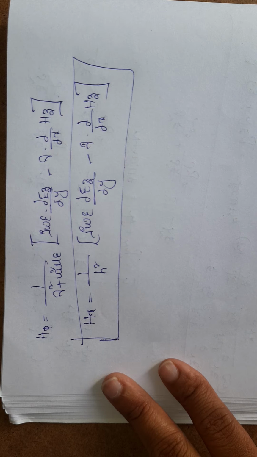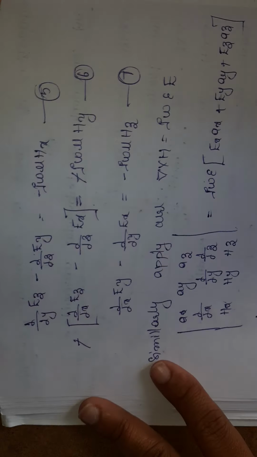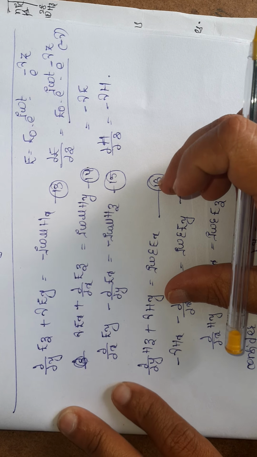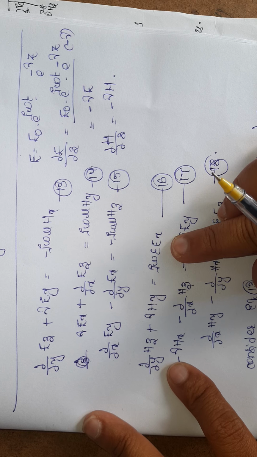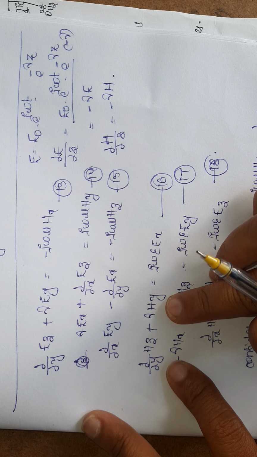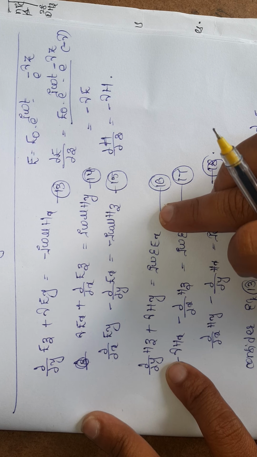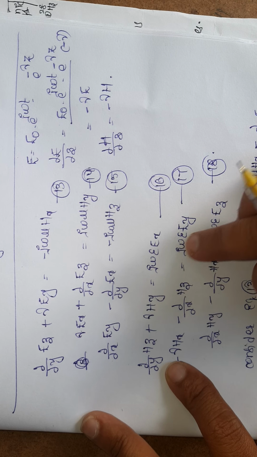Now we'll get the expression for Ex. To get the expression for Ex, you have to consider the equation 16. In this, write down the expression for Hy. Hy is equal to this term minus this term divided by gamma.